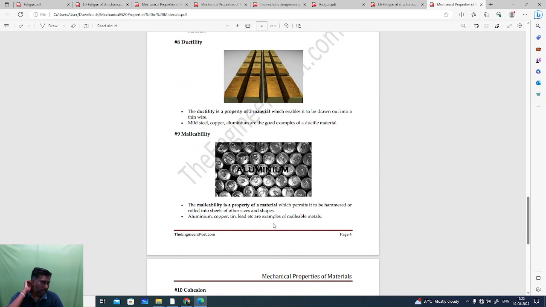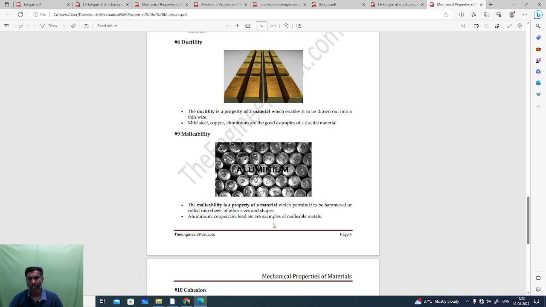Next property is malleability. Malleability is the property of a material which permits it to be hammered or rolled into thin sheets, wires, and tubes in the required shapes and sizes. For example, tin for cold drink cans, tin boxes, and water bottles.